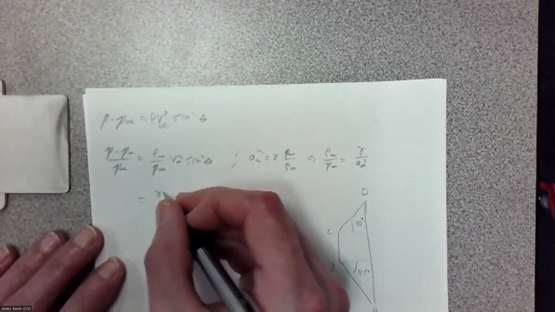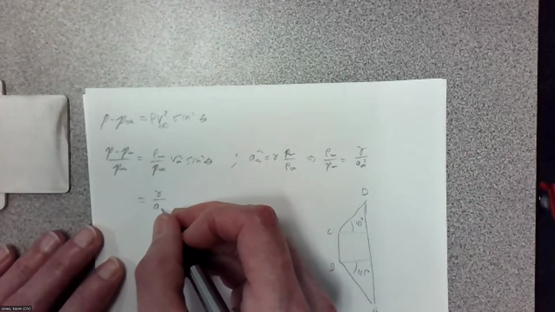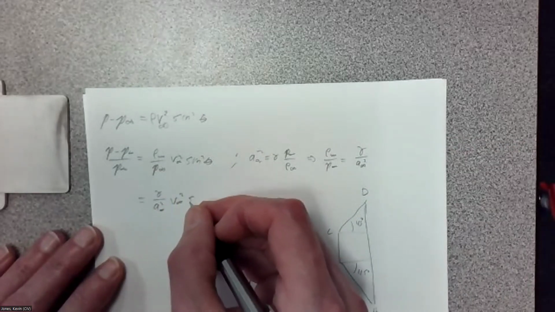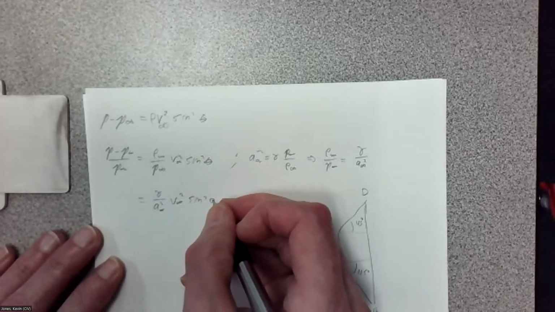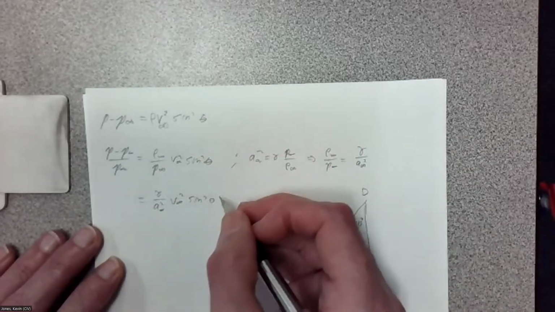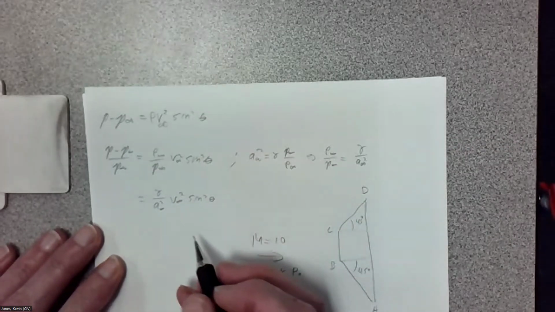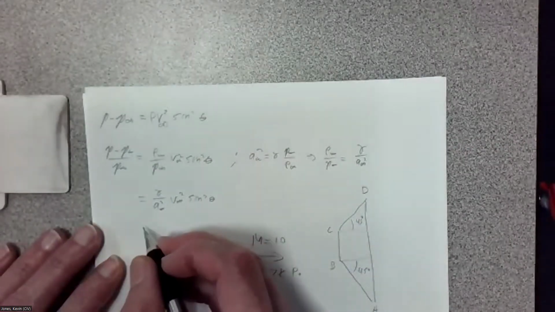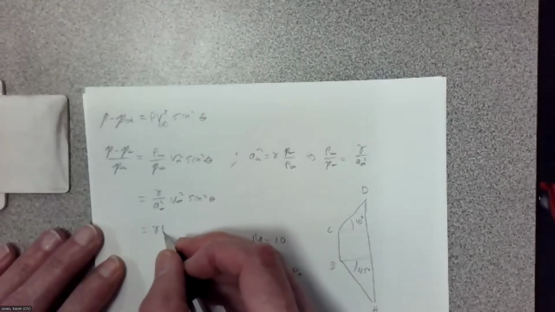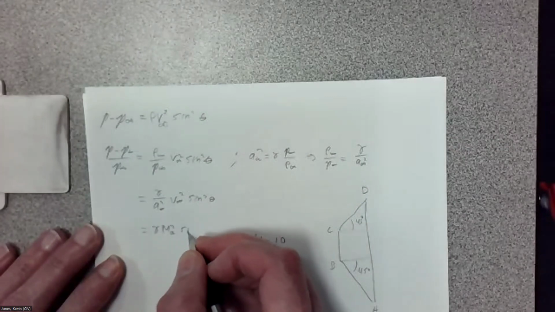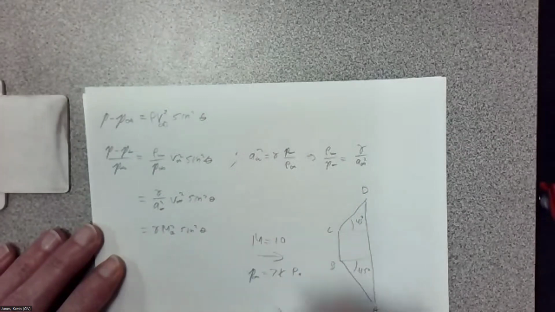I'll get gamma V infinity squared over A infinity squared sine squared theta, I guess I swapped the theta. And V infinity over A infinity is Mach, so gamma Mach infinity squared sine squared theta.